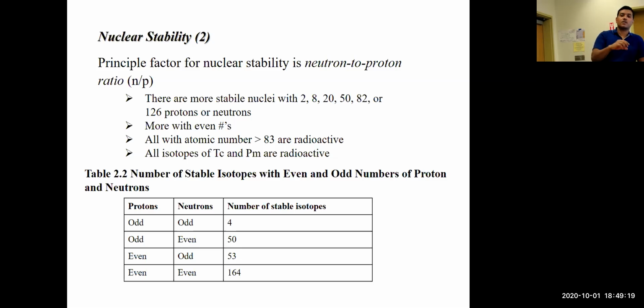Depending on those numbers, if the protons are even or odd, we come to this overall conclusion that there are more stable nuclei with these magic numbers of 2, 8, 20, 50, 82, or 126 protons or neutrons in them. Whenever you find these magic numbers, those nuclei are somehow stable.